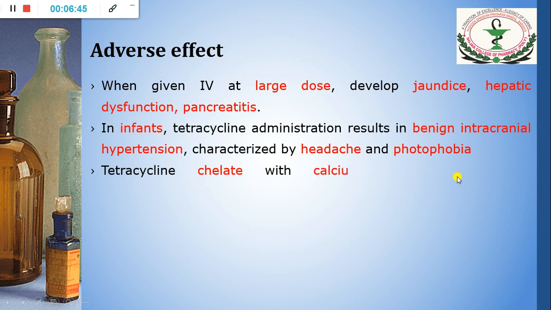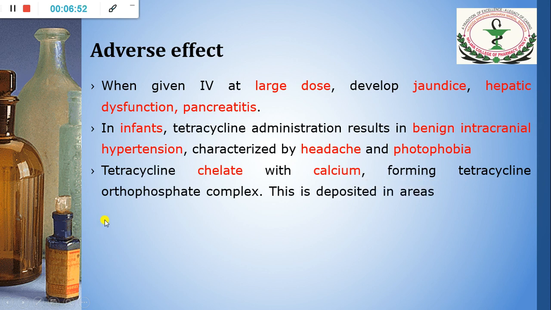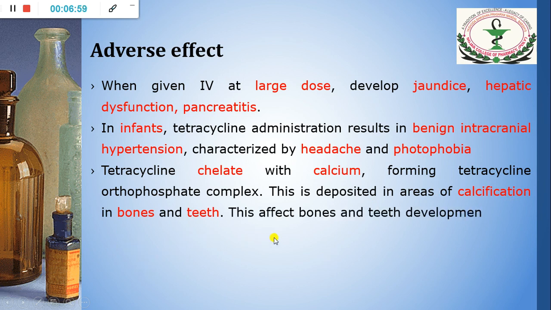Tetracycline chelates with calcium, which forms a tetracycline phosphate complex, and this is deposited in the areas of calcification of bones and teeth, and this affects the bone and teeth development in the body.